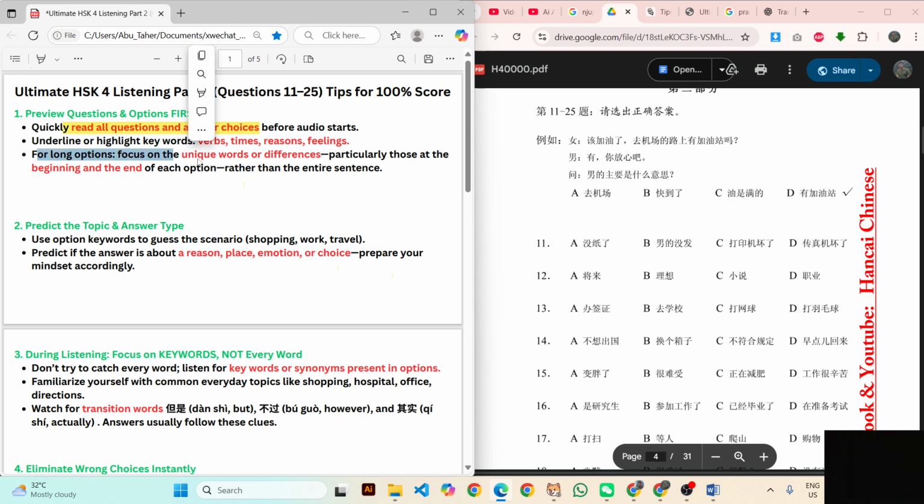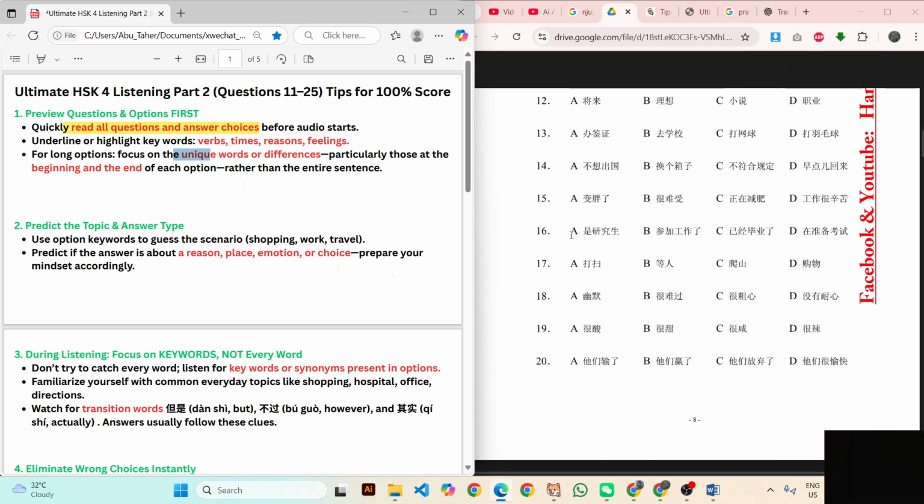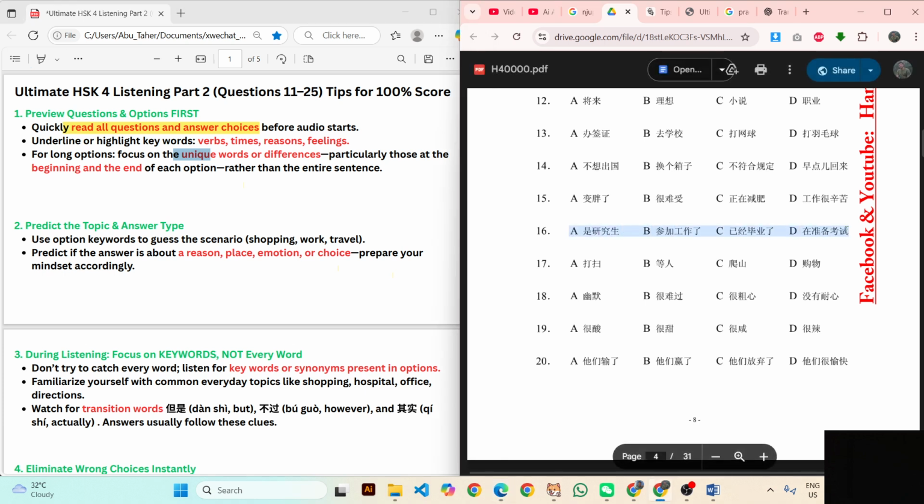Here in this line, what I wrote: if the options are long, for example this one, then what do you have to do? Here, the options are big, so you need to read the important keyword. For example, for 16, there is no verb, so the important keyword is the noun.